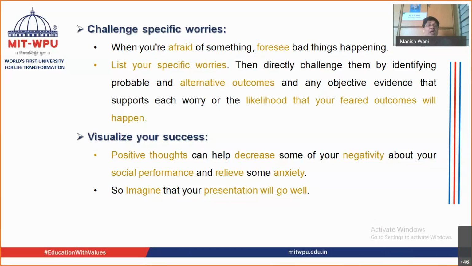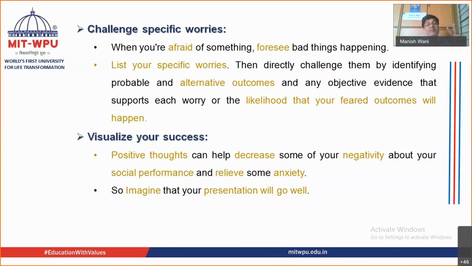The next thing that you're going to do is challenge your specific worries. Now you're afraid because you're foreseeing some bad things that are going to happen. That is one aspect.